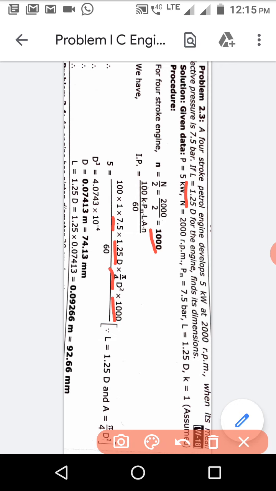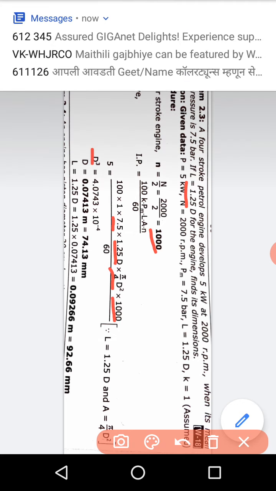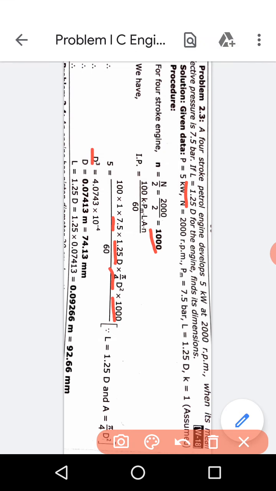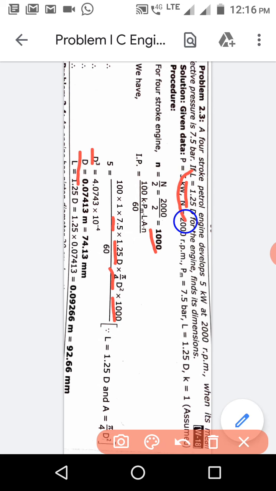If you simplify the equation, we can get d cube is equal to 4.0743 into 10 raised to power minus 5, and solving this, we get the diameter of the piston is equal to 0.07413.